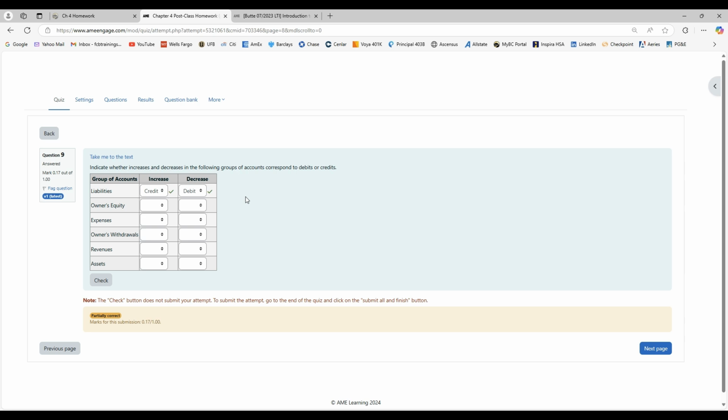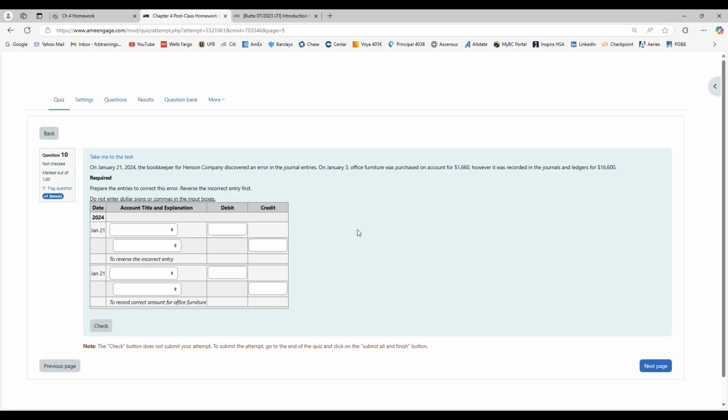There are some mnemonic devices we'll talk about in class, and other methods that help you memorize. It would be helpful to memorize, at least, assets, liabilities, revenues and expenses, and overall equity. It's important to know what increases or decreases with the debit or credit.